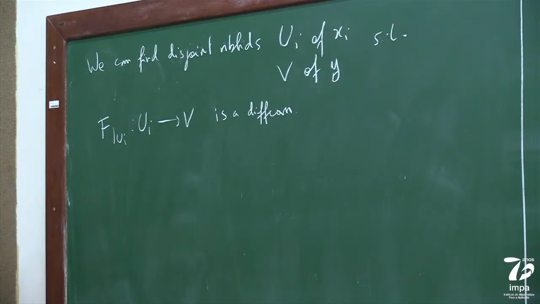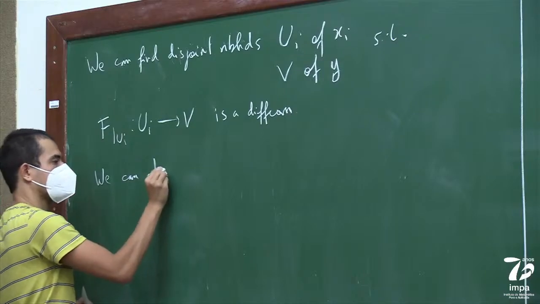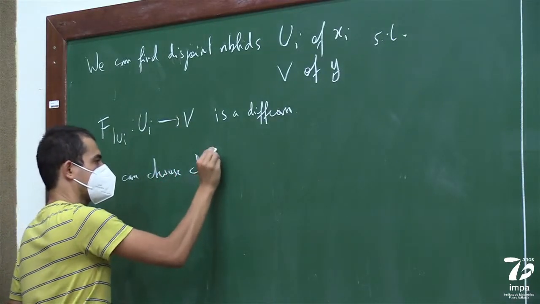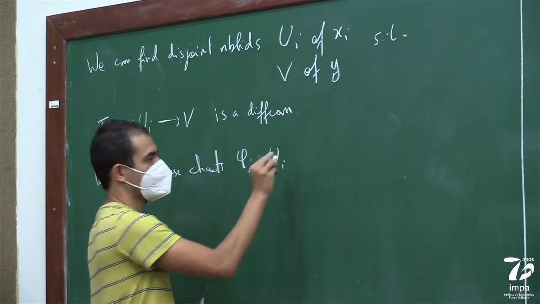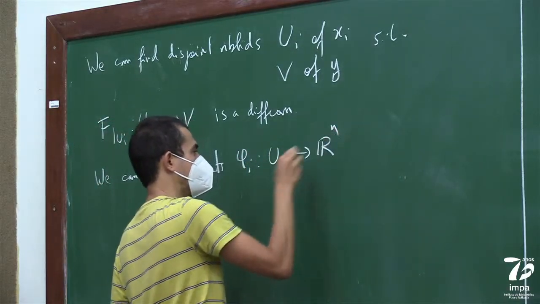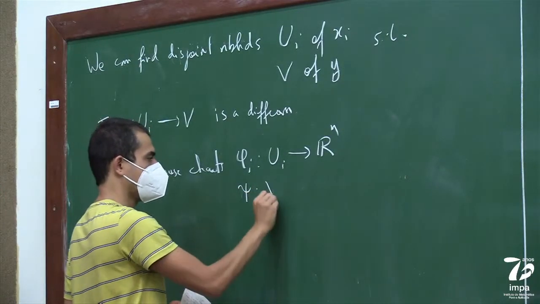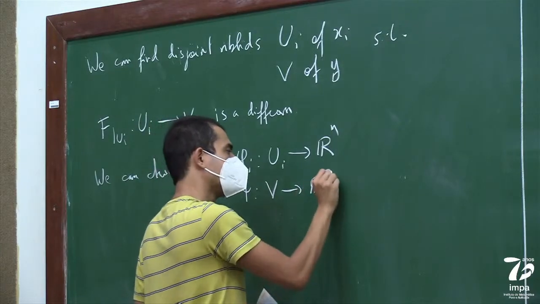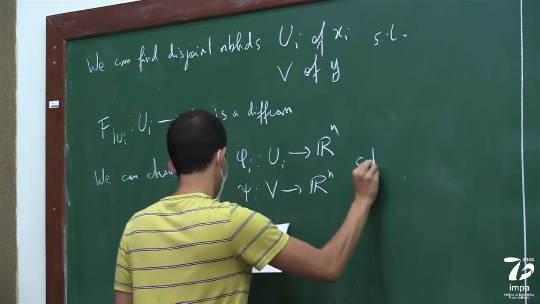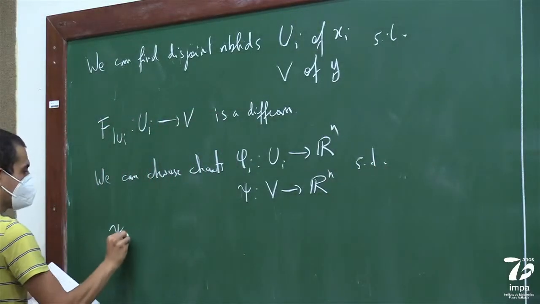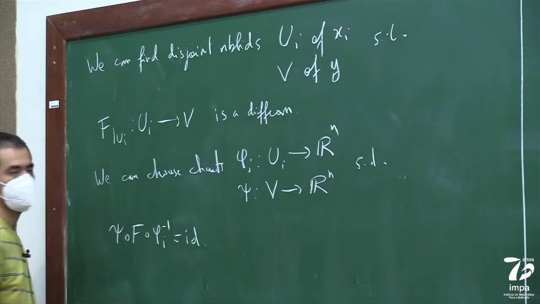Moreover, because this is a diffeomorphism, we can take charts to Rn so that it's the identity. So we can choose charts phi i on potentially smaller open sets, making sure Ui is small enough to be in the domain of a chart, and psi from V to Rn, such that psi composed with f composed with phi i inverse is the identity.